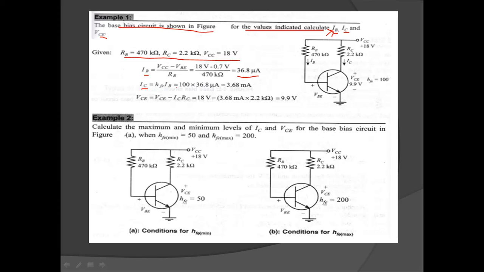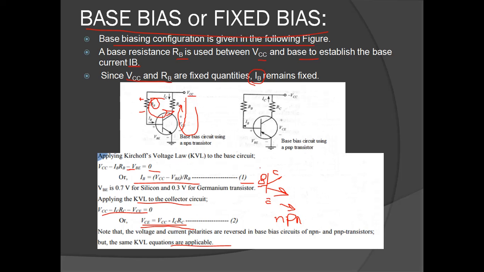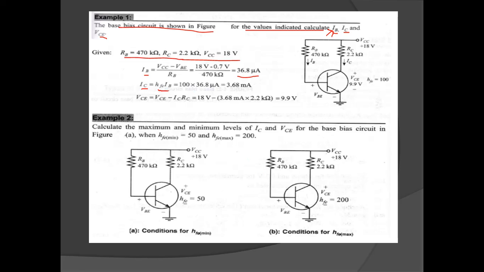IC is the collector current. It is given by the formula HFE times IB. HFE is the gain of the transistor, and the gain here is 100. So IC is gain into IB, so 100 into 36.8 microampere is equal to 3.6 milliampere.